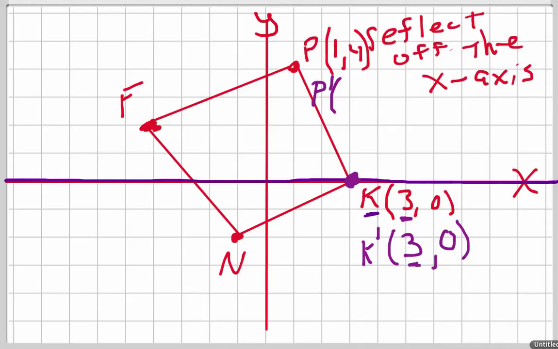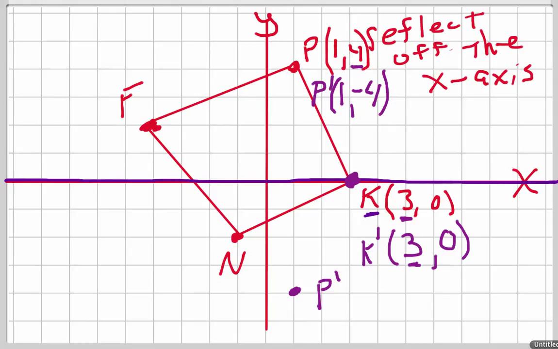P prime, 1. Now, it is above the x-axis 4 units, so I need to go opposite. So I'm going to go -4 this time. So 1, -4 is going to be right here. So there's P prime.